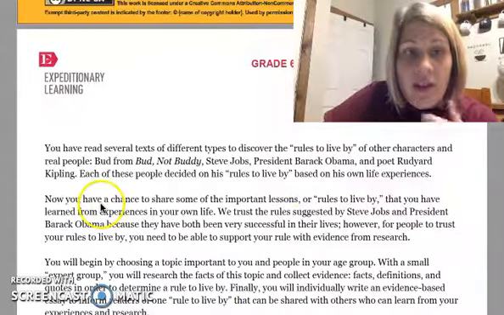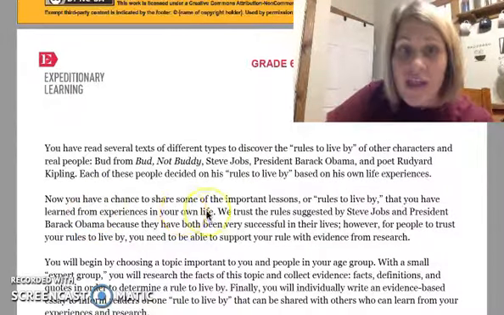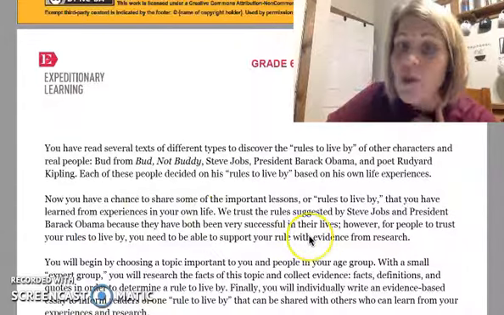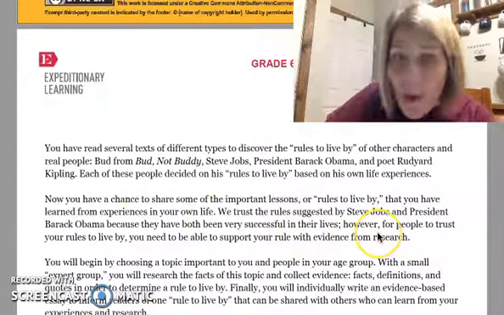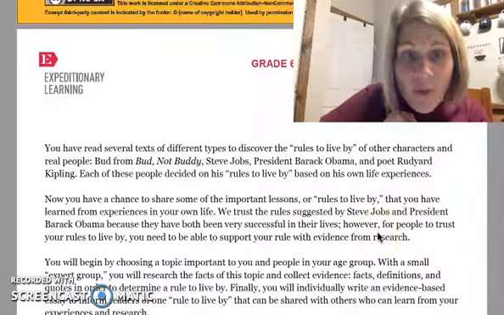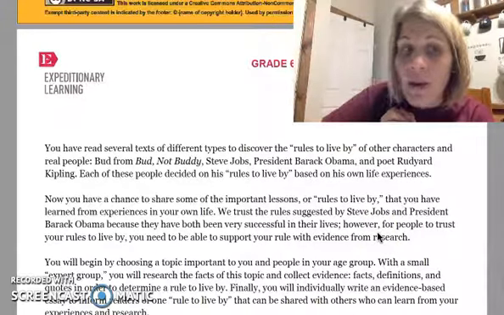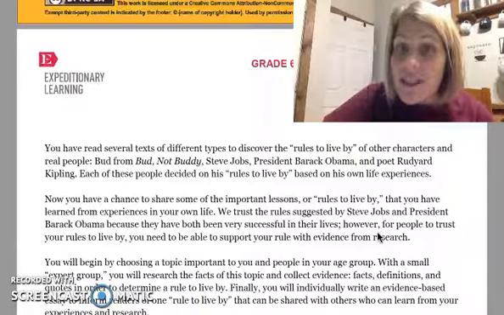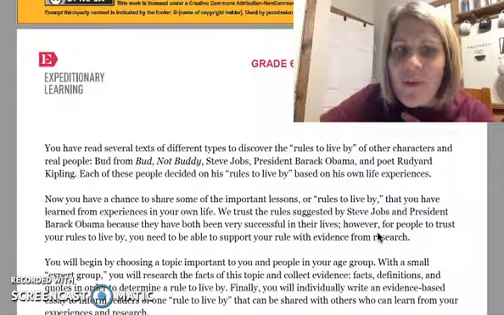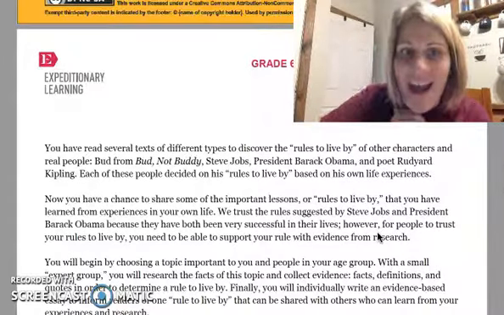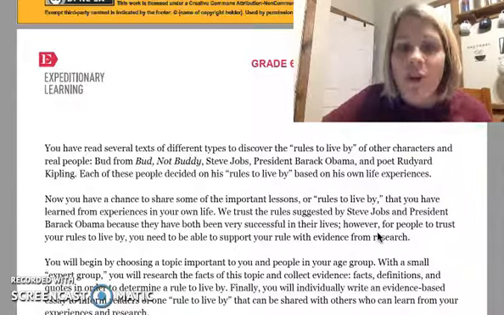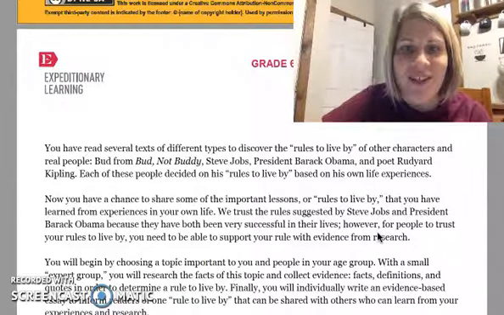Now, starting in this paragraph, it says, now you have a chance to share some of the important lessons or rules to live by that you have learned from experiences in your own life. We trust the rules suggested by Steve Jobs and President Barack Obama because they have both been very successful. However, for people to trust your rules to live by, you need to be able to support your rules with evidence from research.